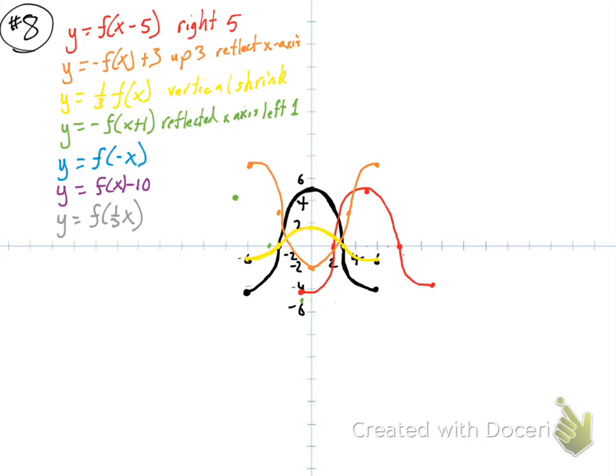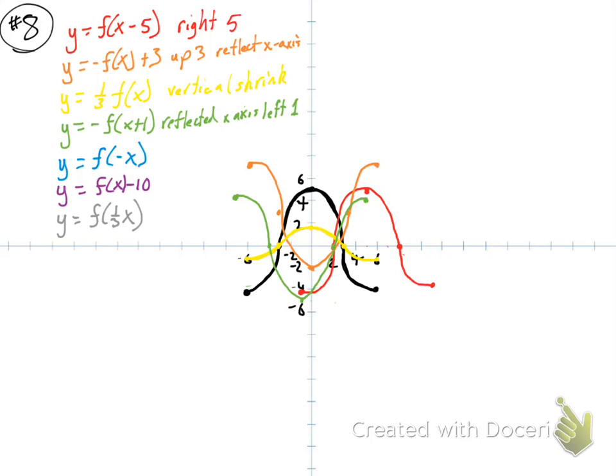This 0 over here moves 1 to the left. And then this last one, negative 4, becomes positive 4 and moves 1 to the left. And so now I have the function flipped over and moved over 1. That's getting so pretty with all those colors in there.